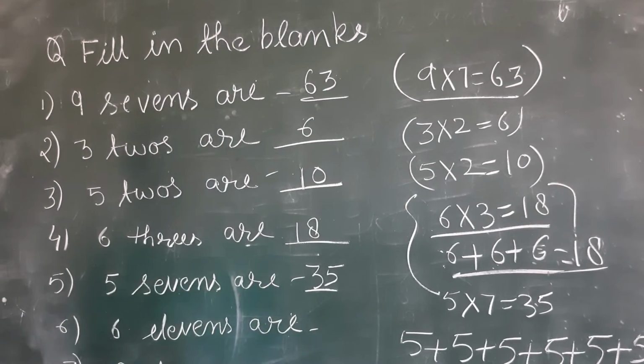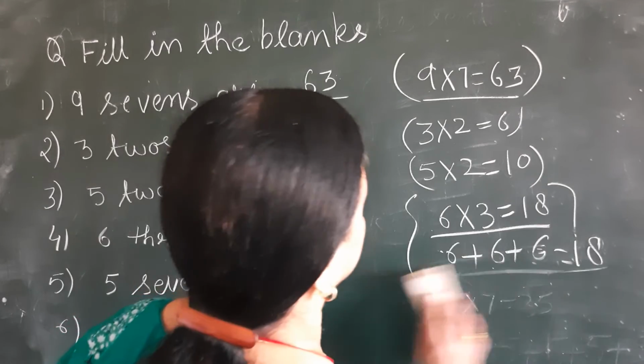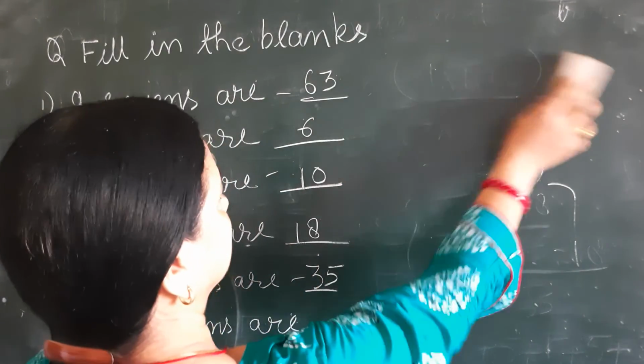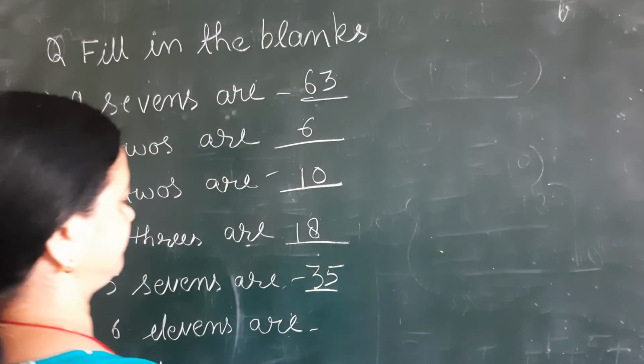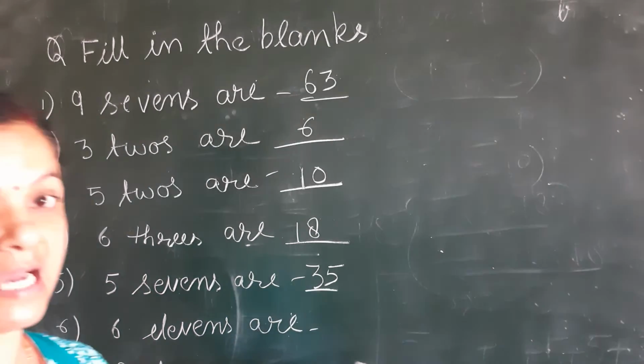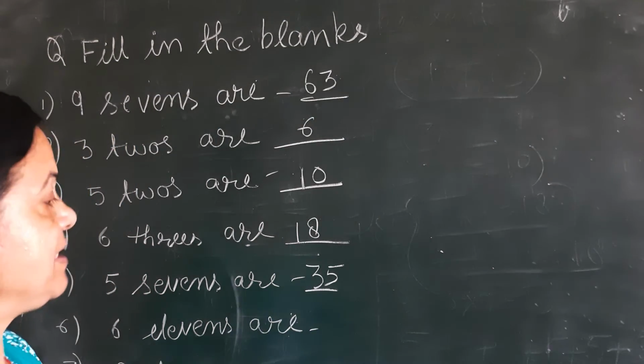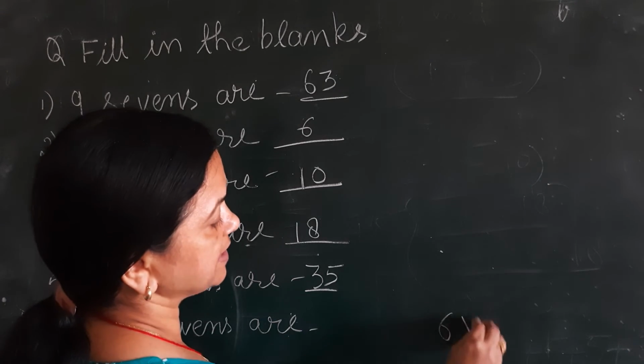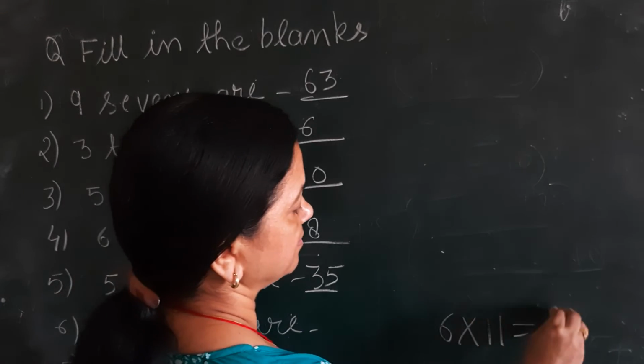Okay, students. Now the next one is, I'll write this one. These are very easy. Now, 6 11's are. We have to do 6 11's are. 6 11's are means we will multiply 6 by 11.